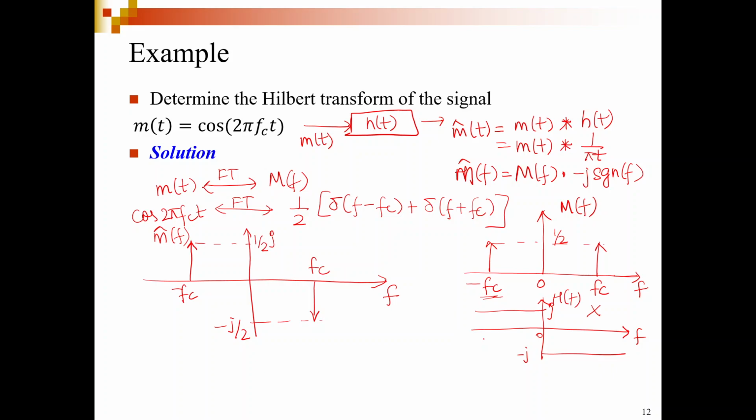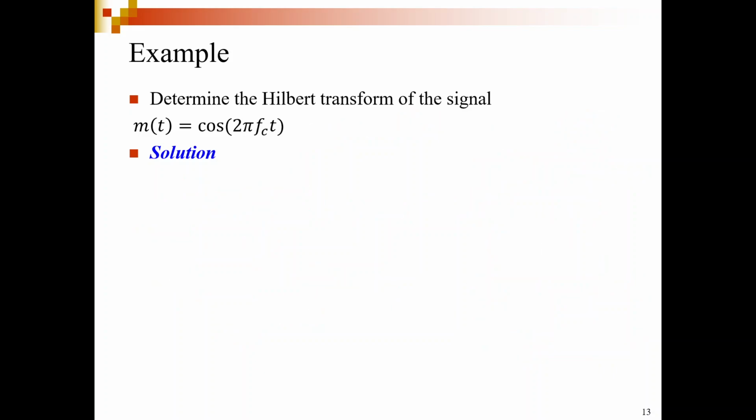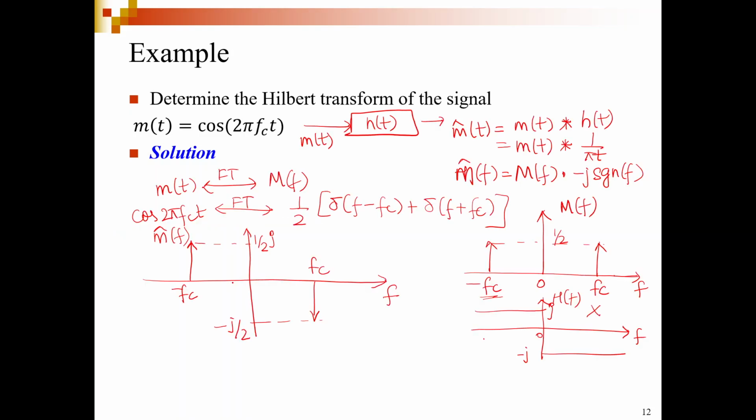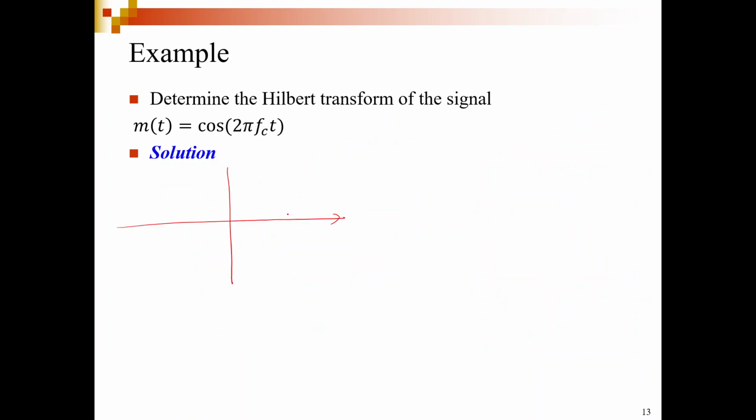This we are going to slightly modify for our convenience. We can write minus j by 2 as 1 over 2j. This is only done for convenience.